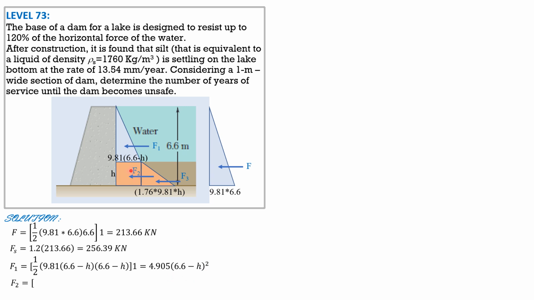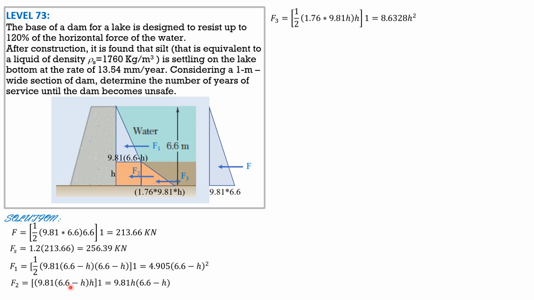F2 is 9.81 times quantity 6.6 minus H times height H times 1, simplifying to 9.81 H times 6.6 minus H. And F3 is the volume of this pressure diagram, so 1 half of quantity 1.76 times 9.81 times H times H times 1, giving 8.6328 H squared.